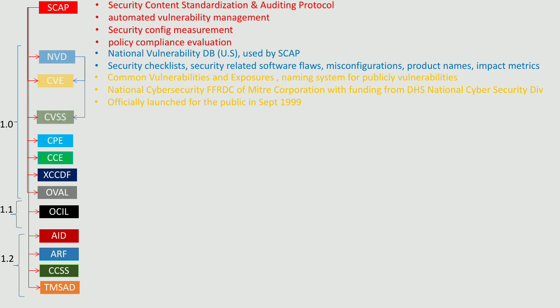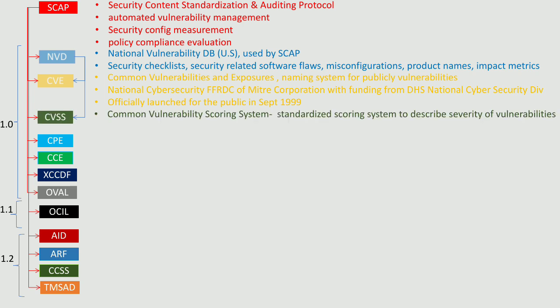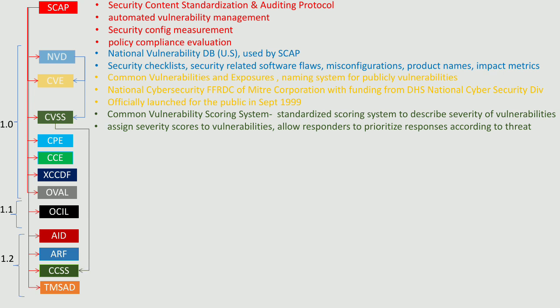The Common Vulnerability Scoring System is a standardized way of scoring to describe the severity of a found vulnerability, and it assigns severity scores to the vulnerabilities and allows the responder to prioritize the responses according to the level of impact of that particular vulnerability or threat.